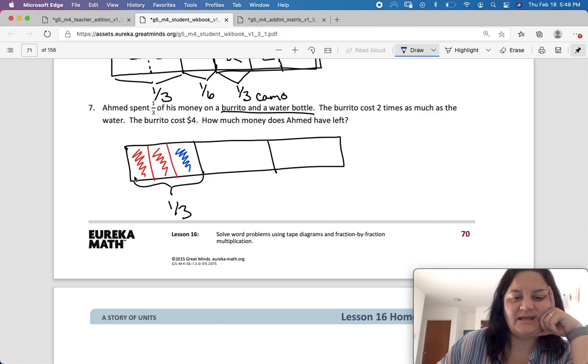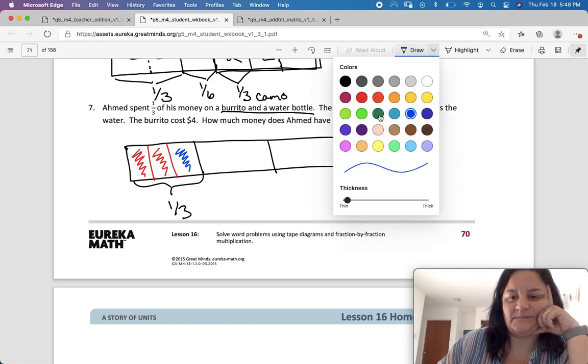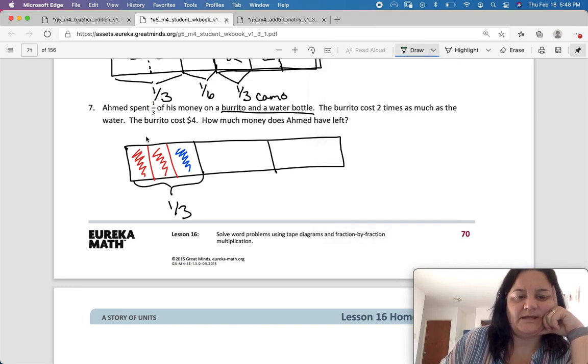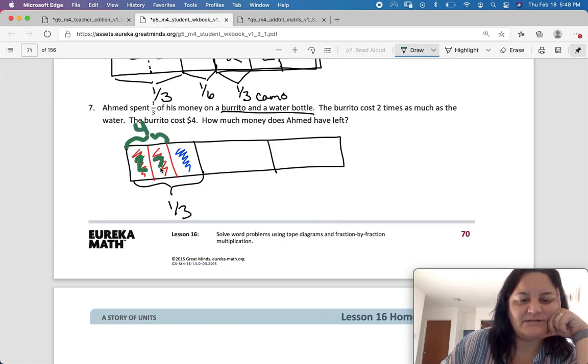So if this section here cost $4, I'm going to go a little bit thicker. If the burrito cost $4, then this has to be $2 and $2. And if the burrito costs 2 times as much, the water must have been $2. So $2 times 2 would be 4, right?